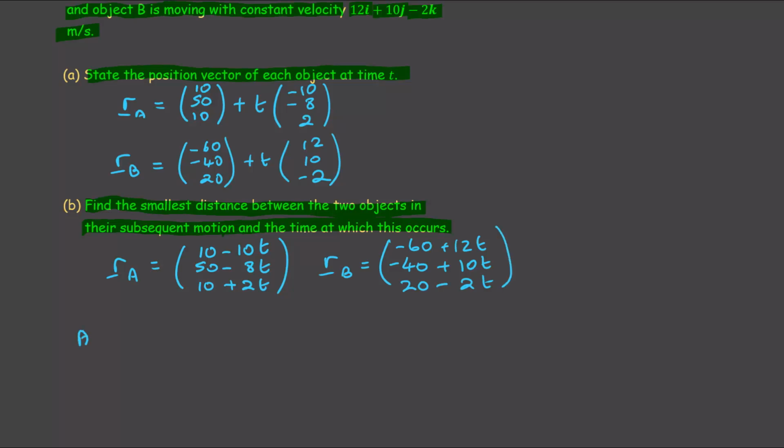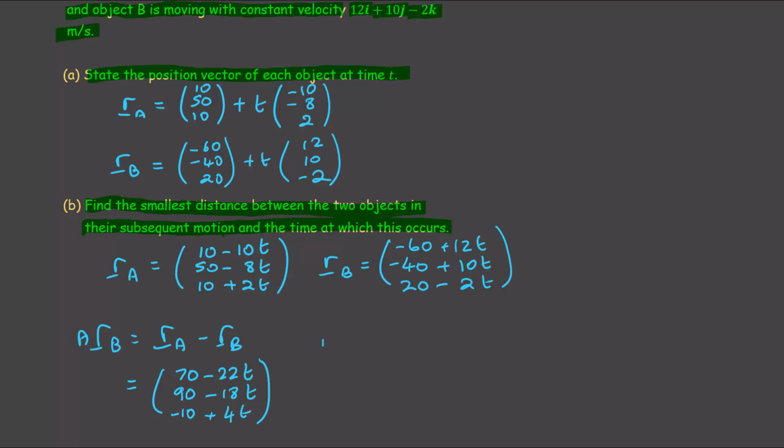So A relative to B is just RA take away RB. So that's going to be 10 take away negative 60, so 70, take away 22t, and then 50 take away negative 40 is 90, and that will be take away 18t, and 10 take away 20 is negative 10, and then 2t take away negative 2t, that's going to be plus 4t.